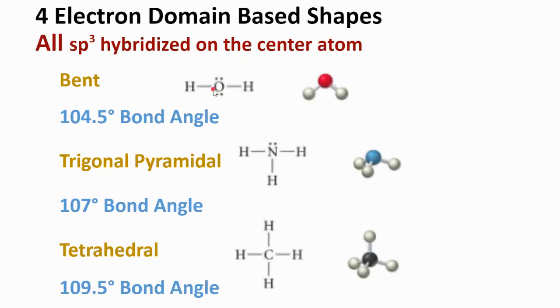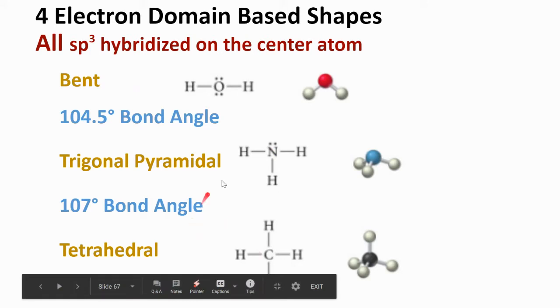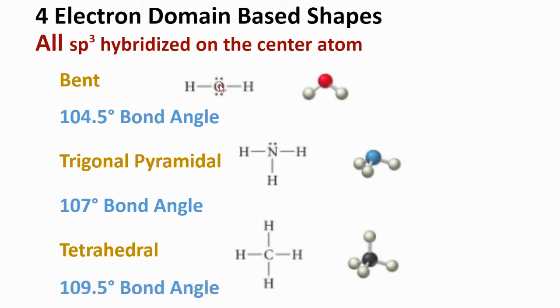If there's four areas of electron domains, so north, south, east, and west are all occupied by electrons, and that is true for all three of these shapes. Tetrahedral, trigonal pyramid, and bent all have four electron domains around the center atom. These would all be sp3 hybridized.